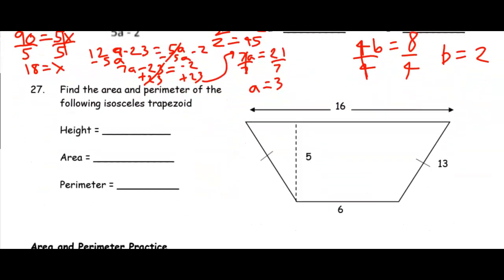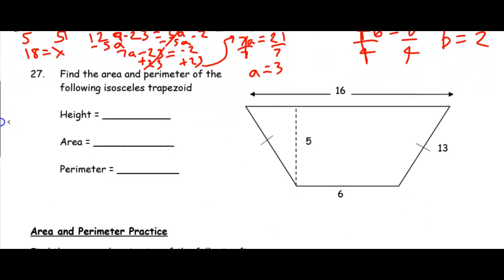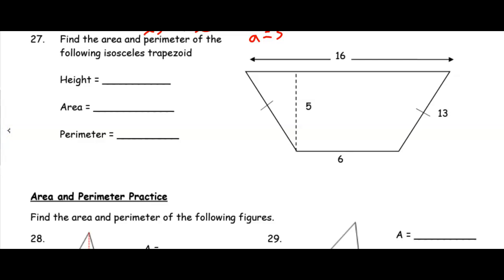Cool. Find the area and perimeter of the following isosceles trapezoid. Let's scroll up now. Cool. So that's 13, that's 13. The height between them is 5. That's labeled right there, right? Area, well, we've got to add base plus base times the height divided by 2.